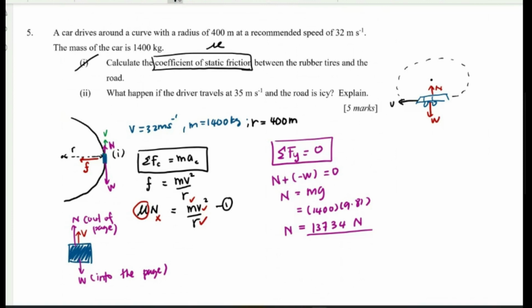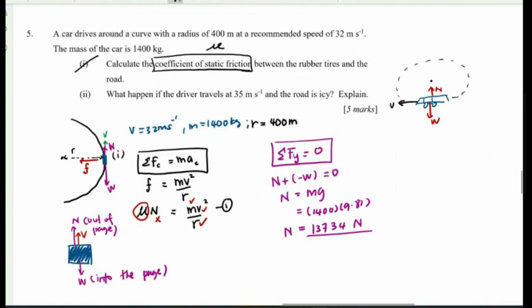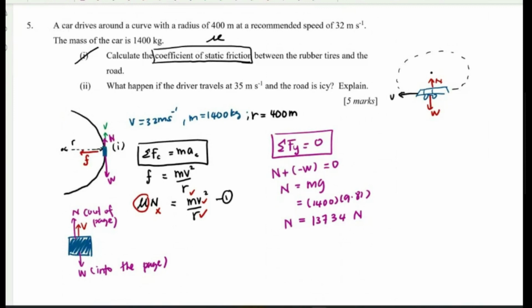Okay. Jadi untuk soalan ni dia bagi mass, then you can find lah normal force. But in case soalan tak bagi mass, you tak boleh cari normal force. So you can straightly substitute equation of the normal force into equation number 1, untuk cancel mu mg equal to mv squared over r.